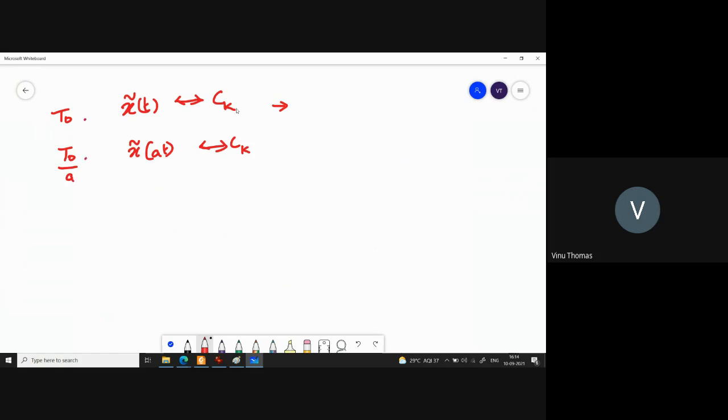That's the fundamental period. The fundamental frequency here would be omega 0, and here it would be a omega 0. So that's the only difference. If the lines were originally separated by omega 0, you will have the same lines separated by a omega 0.